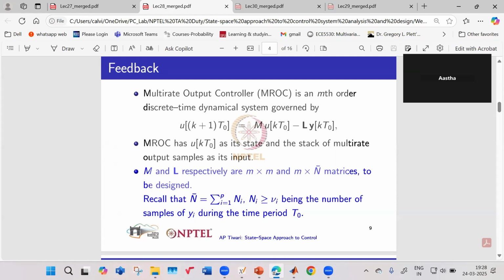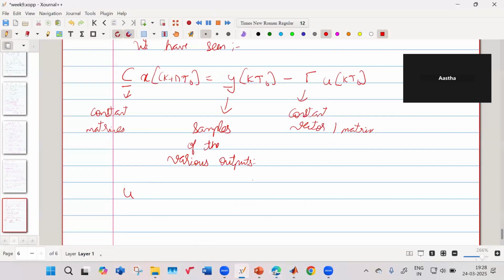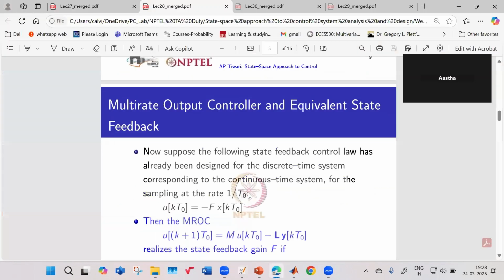So the u which I require for my next instant is given by M into my previous u minus L into the samples of the various outputs which we have mentioned.